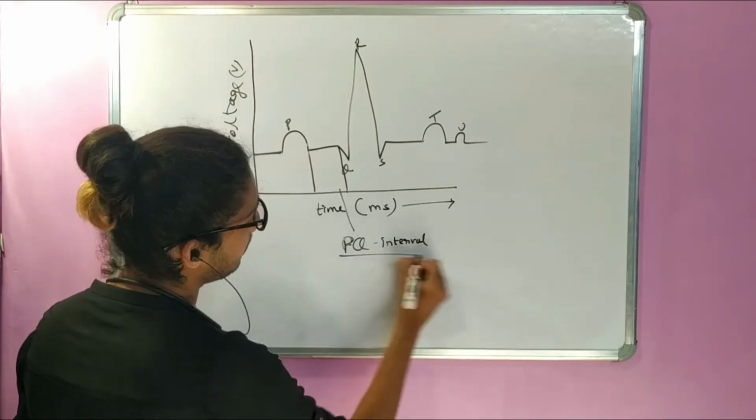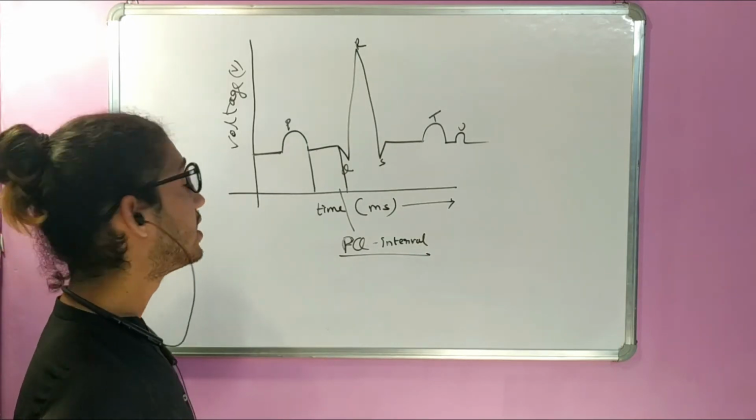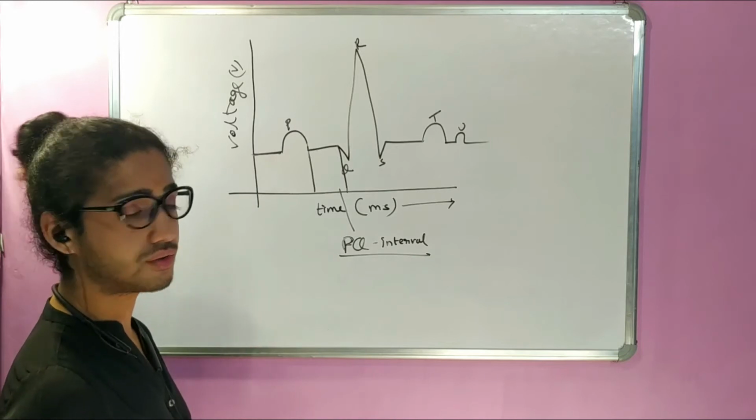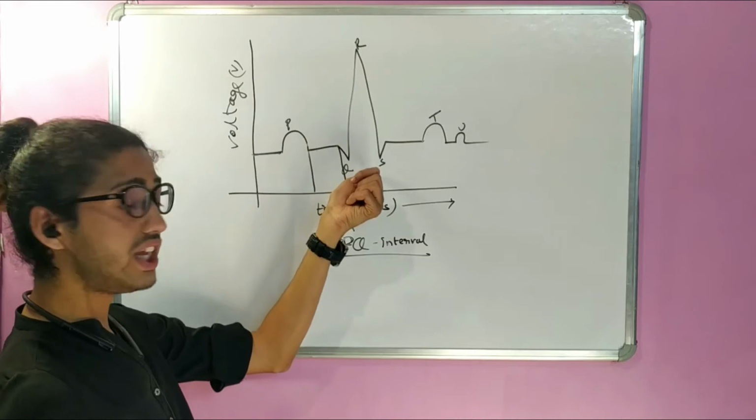This interval is represented by an isoelectric line because there is no electrical activity. The reason is the slow conduction of the action potential to the AV node.